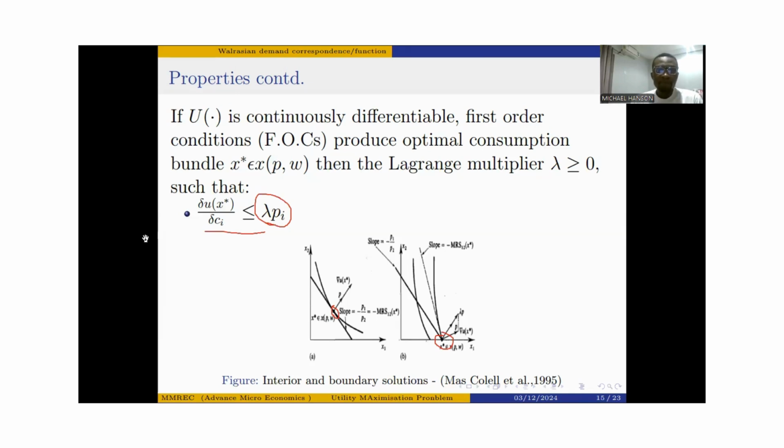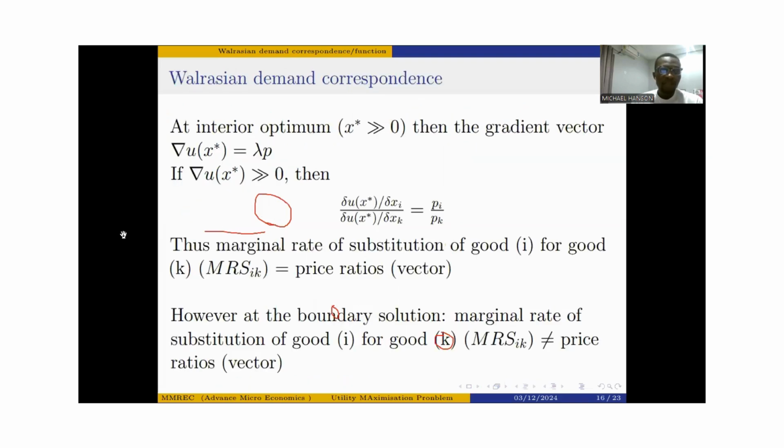Now, let's also take a look at the Walrasian demand correspondence. Just like we showed in the single valued condition, always the slope of the indifference curve will be equal to the slope of the budget line. I need the slope of the budget line, that's the price ratios. I need the slope of the indifference curve, which is the marginal rate of commodity substitution.